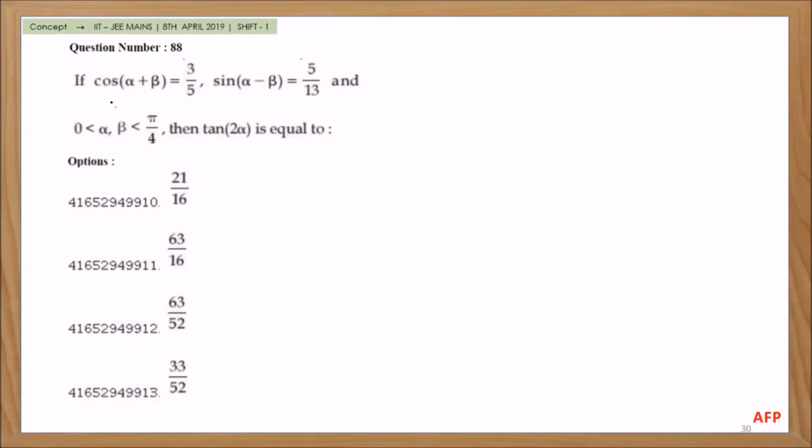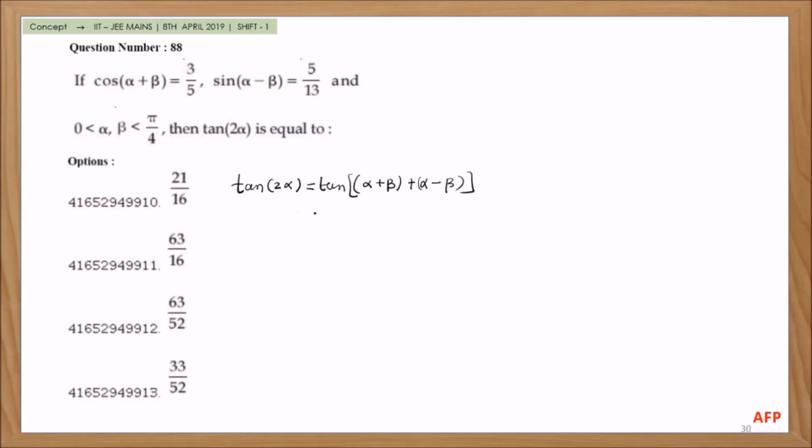Next problem. cos alpha plus beta is 3 by 5, sin alpha minus beta is 5 by 13, and alpha and beta lie between 0 and 45. Tan 2 alpha we are supposed to find. So tan 2 alpha can be written as tan of alpha plus beta plus alpha minus beta.